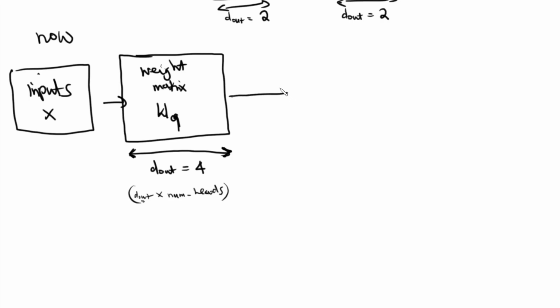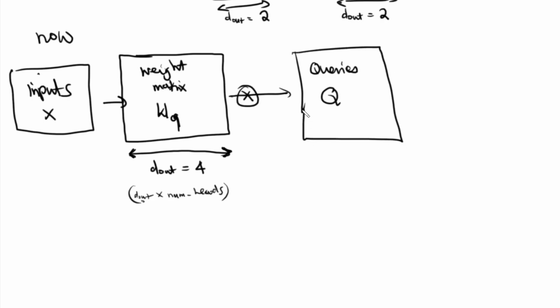And then we do our matrix multiplication. When we do it, we're going to get a big queries matrix, and it will also have d_out equal to 4.